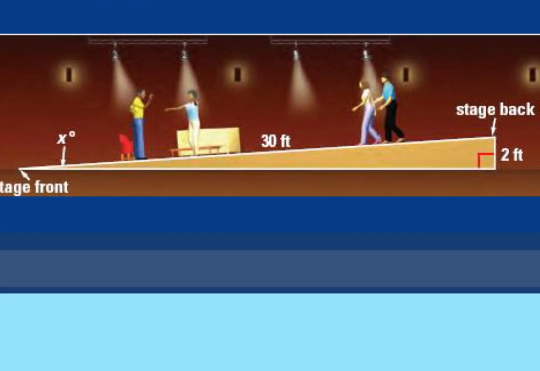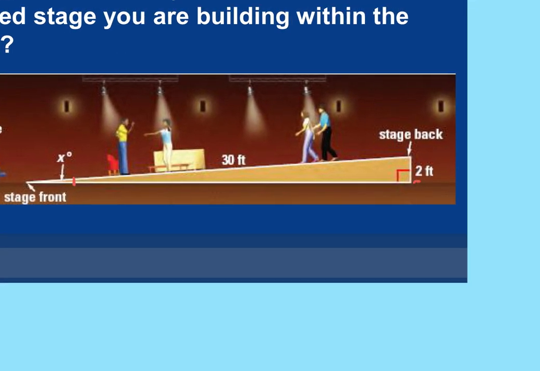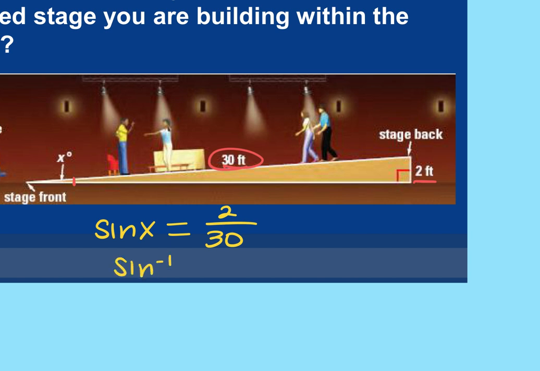If I'm trying to look for x and I have 2, which is opposite, and 30, which is hypotenuse, which trig function am I going to use? Sine. So the sine of x equals 2 over 30. You can reduce it, but you don't even need to. You can just do the sine inverse of 2 divided by 30.